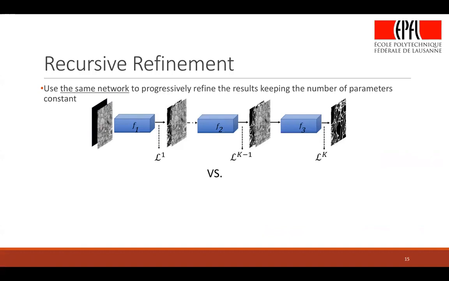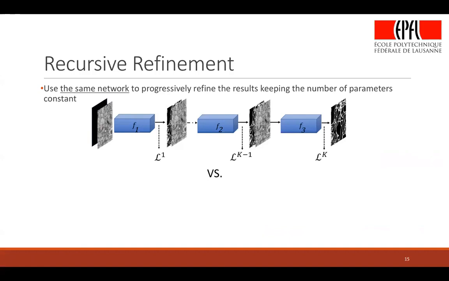The problem with this approach is that the number of parameters grows really fast, and this might be a problem when we have a small data set, which is often the case in the medical domain.